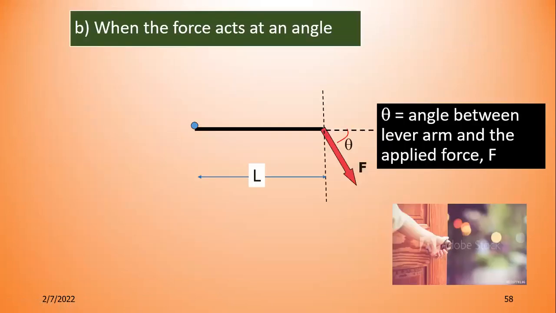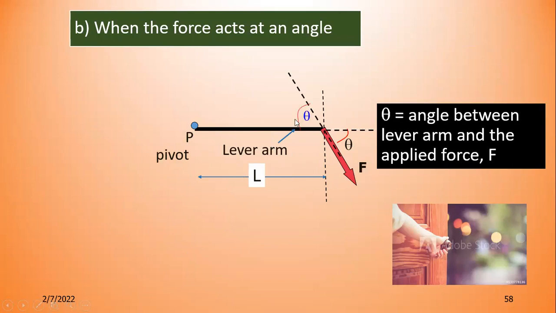What happens if it's at an angle? Take a door, that's your lever arm, with the force applied at an angle theta. That's the length of the door, or lever arm. That's your pivot, turning point, the hinge. There's your theta.